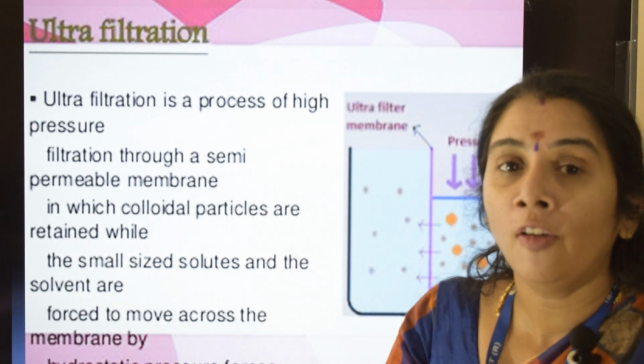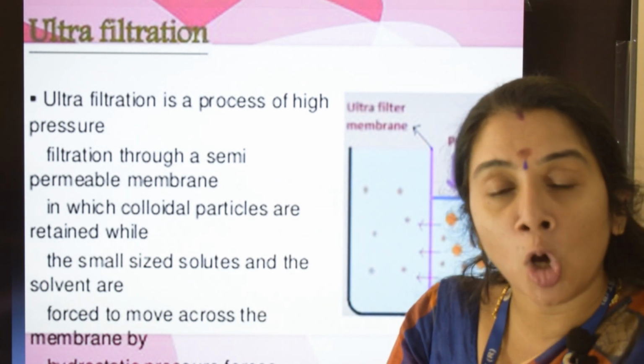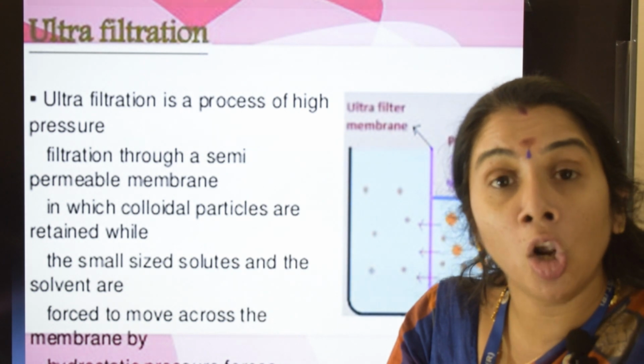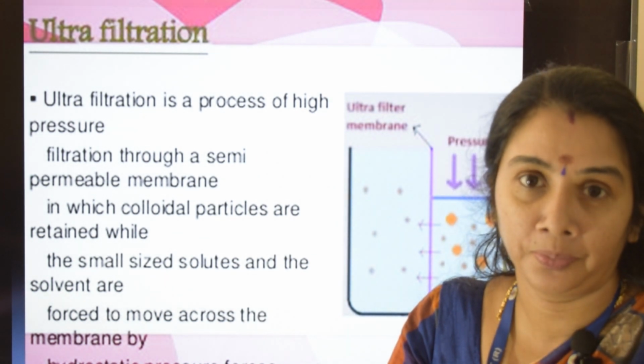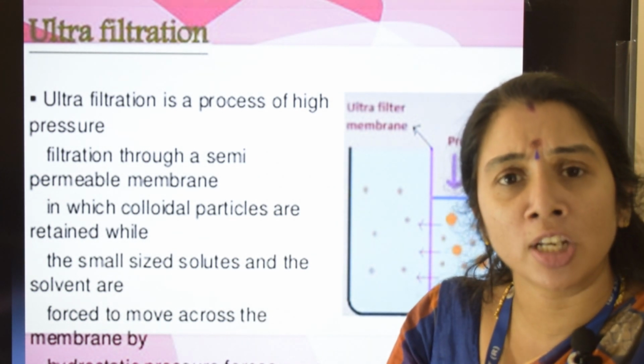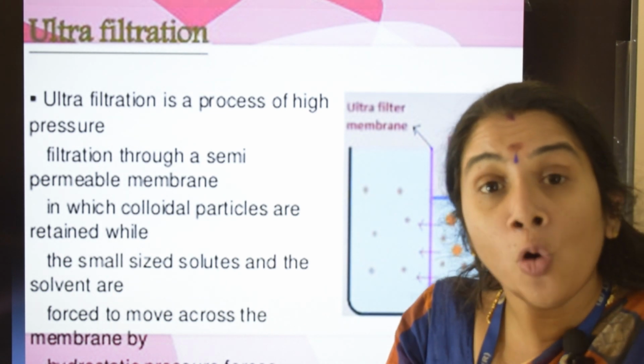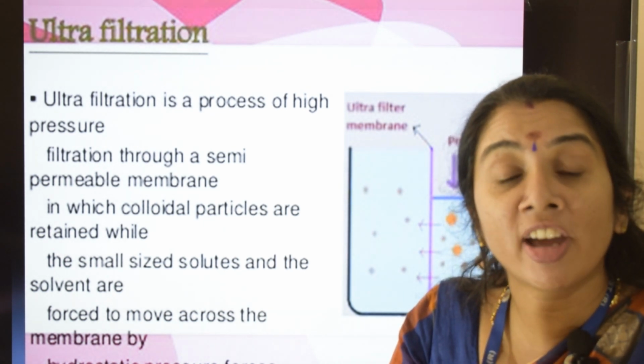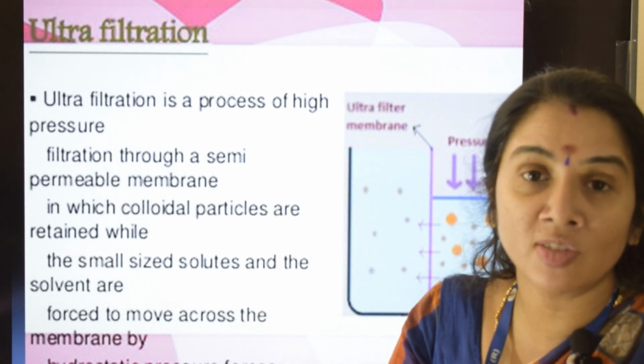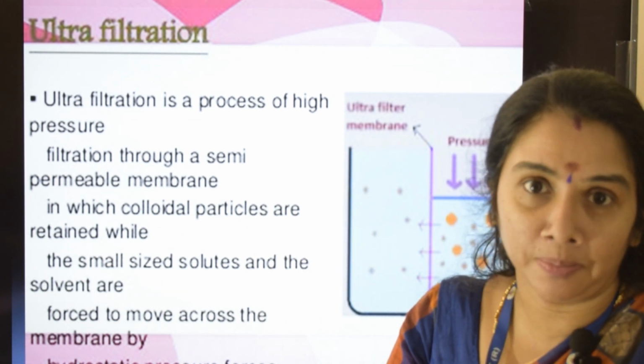How? We dip the normal filter paper in a collodion solution. What is collodion solution? Collodion solution is actually 4% cellulose nitrate mixed with alcohol and ether medium.